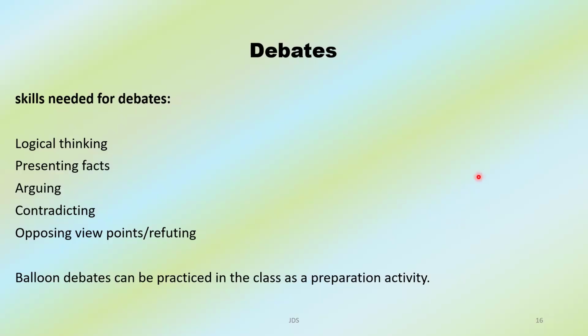We ask them, now suppose the hot air balloon is going to explode due to some technical error, and if one of you has to jump out, you need to defend yourself. You have to say that I can't jump out of this hot air balloon because I am needed. I am a needed person in the country.